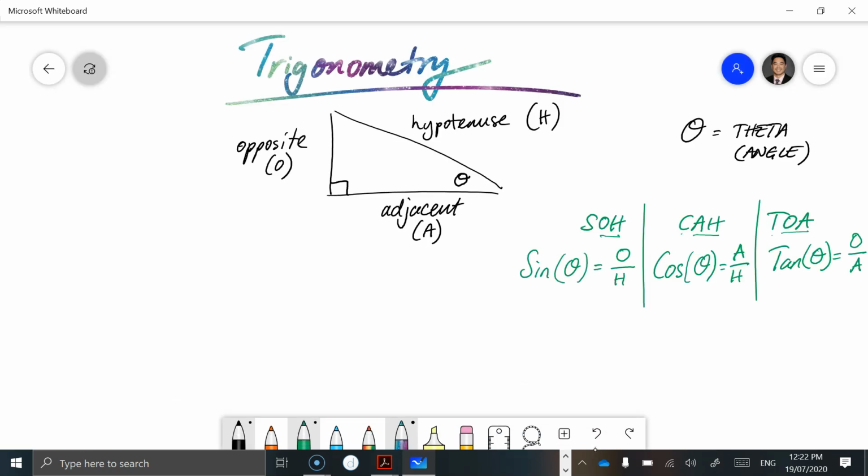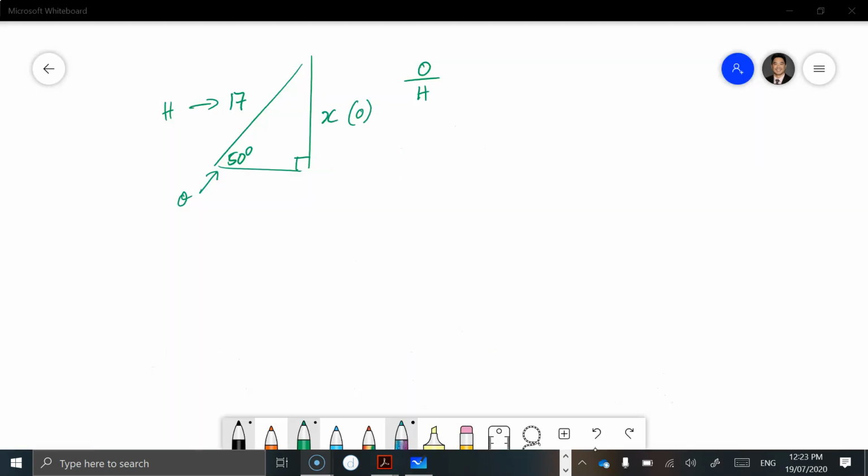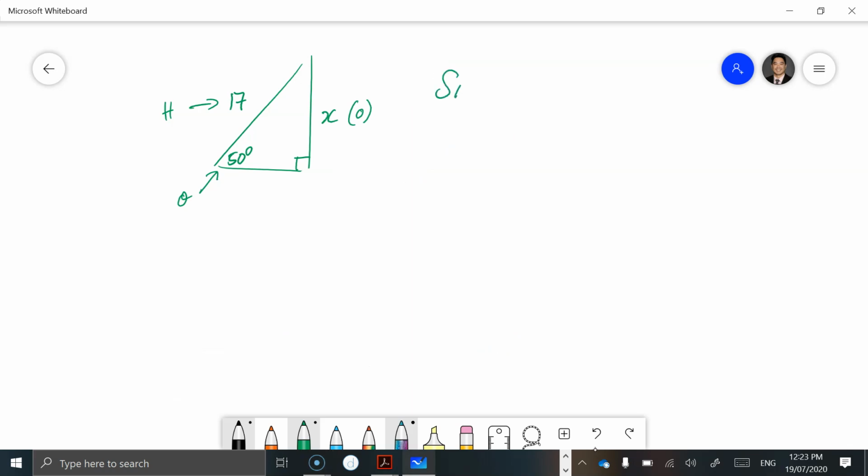If we wanted to work out with our opposite and the hypotenuse, because they are the 2 pieces of information that we have, we need to use the sine function. Okay. We can't use the other 2 because they don't meet the criteria. Okay, so we're back to this. We know we've got the opposite and the hypotenuse, and we've established that we need the sine function. Okay, so sine, and I'm going to write the formula here.